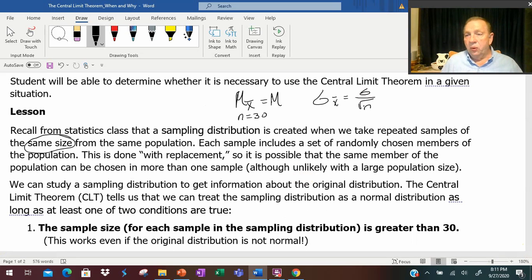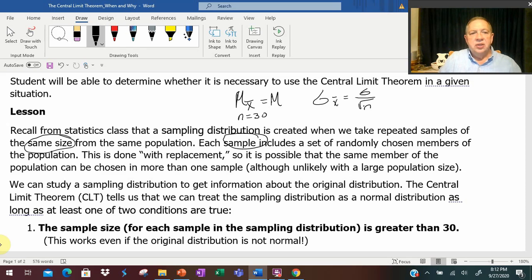But what we're going to do is consider a particular size and focus in on that, because this is where that comes into play. Each sample includes a set of randomly chosen members of the population. I'm grabbing one sample, but if I did this for all of the possibilities, these are related.